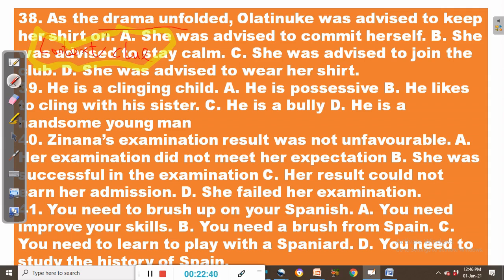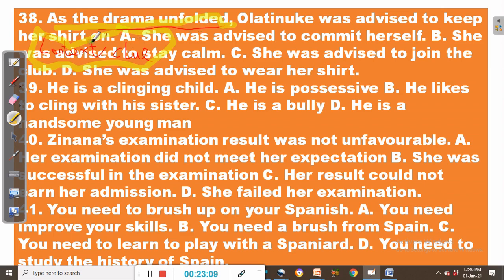drama, but it's a kind of context clue. It gives us a clue that something was happening that probably could get one agitated. As the drama unfolded, Olatinuke was advised to keep her shirt on. Keeping her shirt on has to do with her reaction to the drama unfolding.